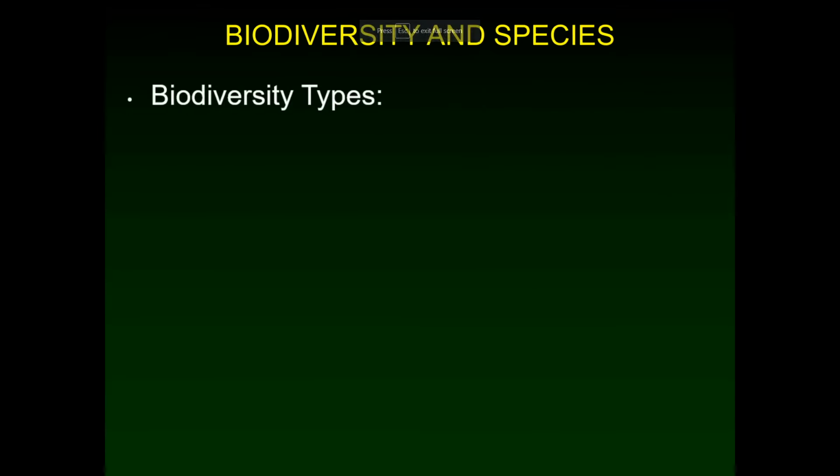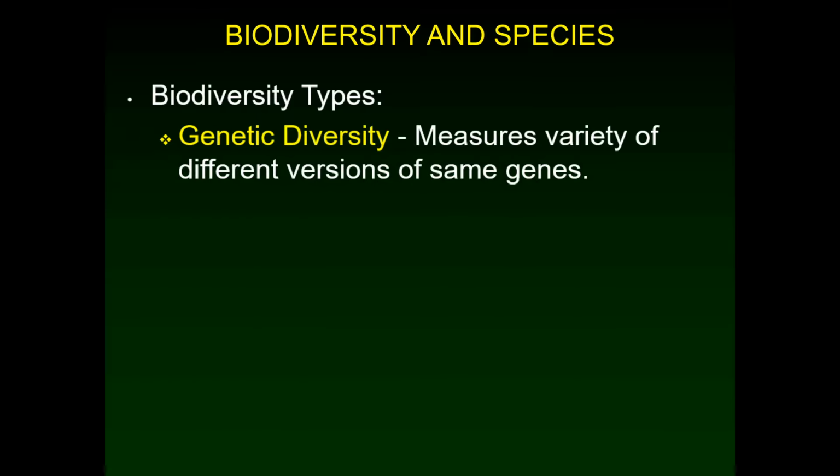So biodiversity and species. Biodiversity types, you have a couple different kinds. Genetic diversity is a big one that's been a topic of interest lately, because the definition measures a variety of different versions of the same gene. Meaning if you were to take into account height, you have some that are short, some that are tall, and a variety in between.